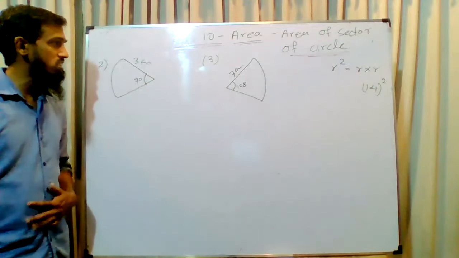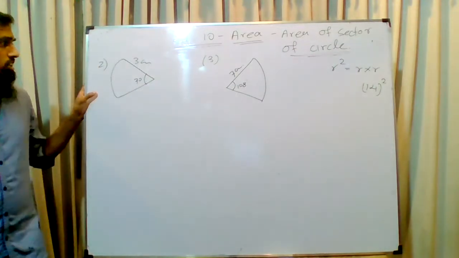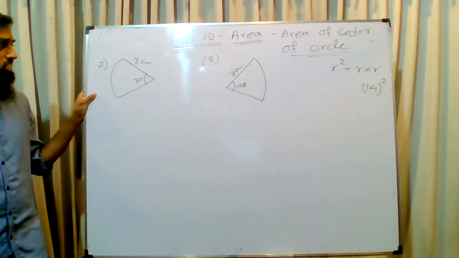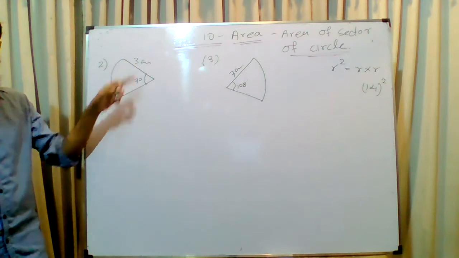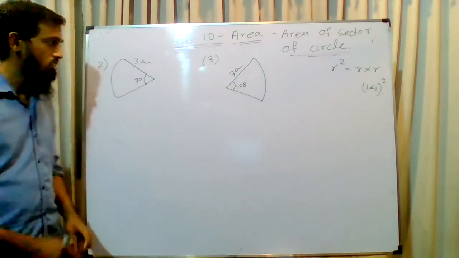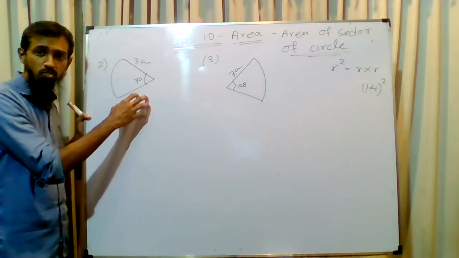Okay, the second and third examples, we have two figures. Draw this figure. In the second question, we have a sector with the center angle 70, the radius is 3 centimeter. So here we don't know the exact portion of this sector.